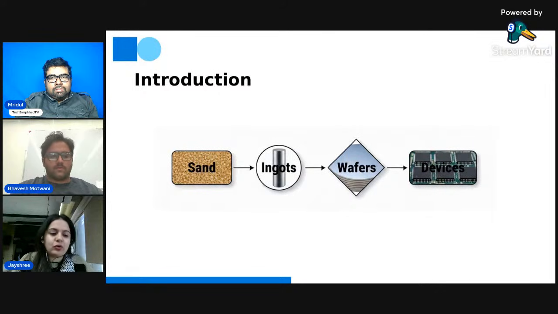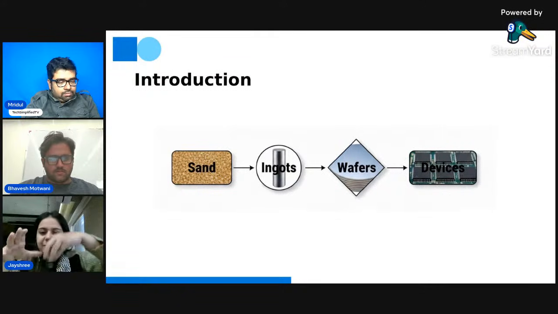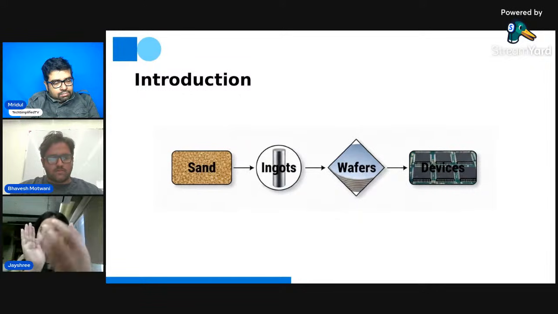Okay, so let's start with what the raw materials are and how this raw material leads to advanced technology. Basically, there is sand or quartz as the raw material. Then we convert it into ultra high purity silicon ingots, with the help of techniques like Czochralski and Float Zone, which we are going to discuss.